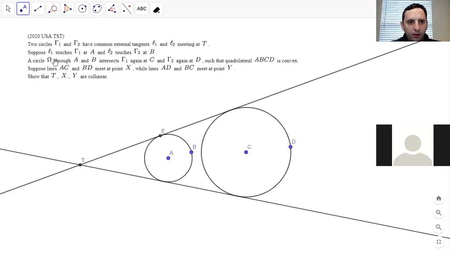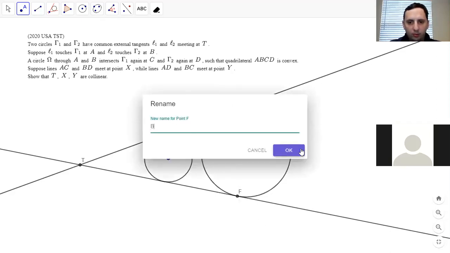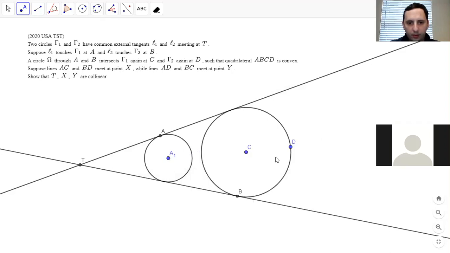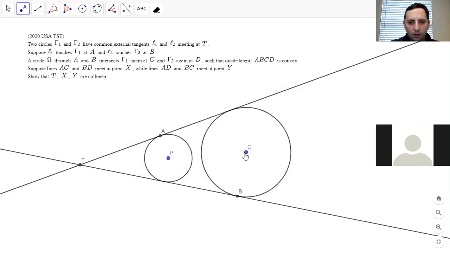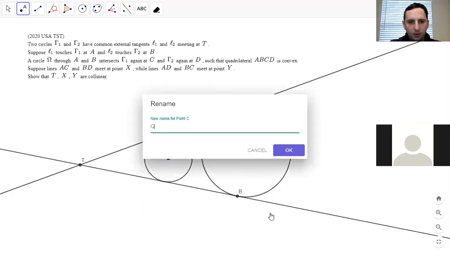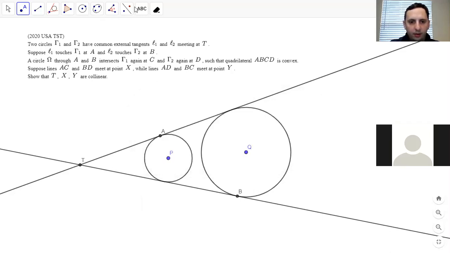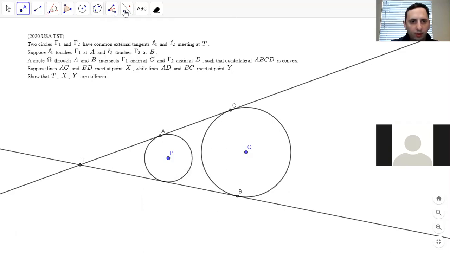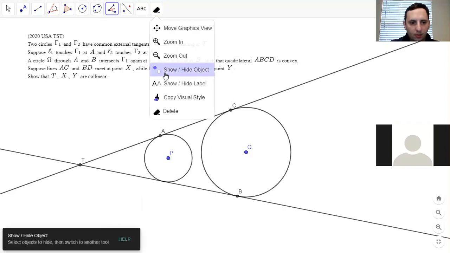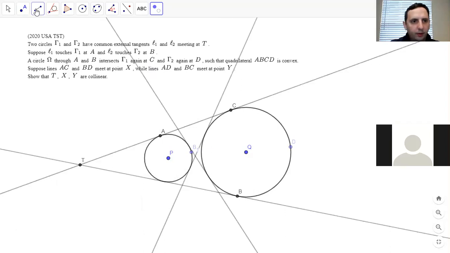One of the lines touches the first circle at A and the other touches the other circle at B. So this is A, this is B. I'll hide these points, and I could call the centers O1 and O2, or I'll just do P and Q. Let me just draw these as line segments.